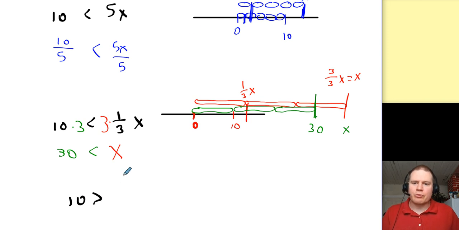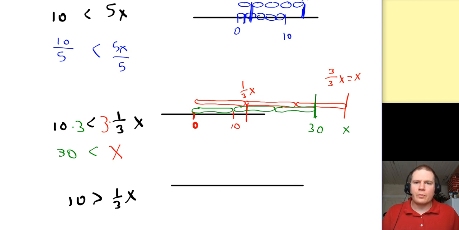Now I'll say 10 is greater than a third x, right? Where x could be negative. So then I've got my 10. And that's more than a third x, right? 10 is more than this value.